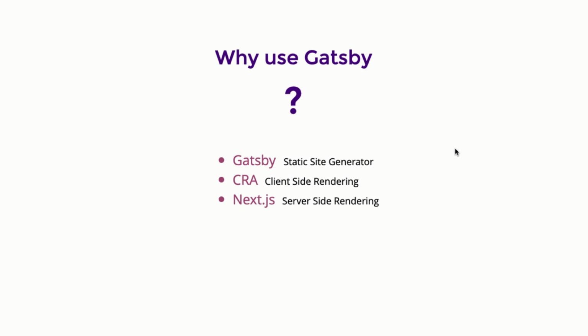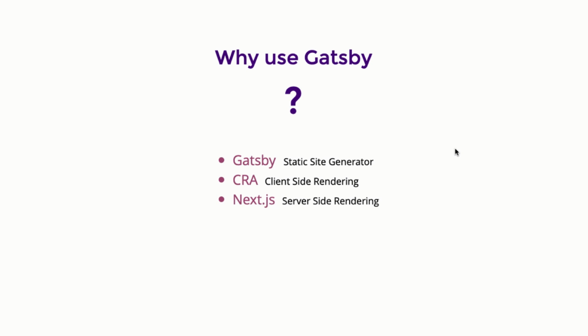Earlier I mentioned that Gatsby is a static site generator. Okay, so a static site generator is basically a script which takes in some data or content and a template, processes these, and then outputs a folder full of the resultant pages and assets.